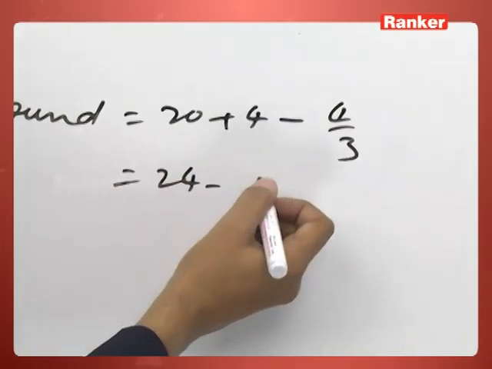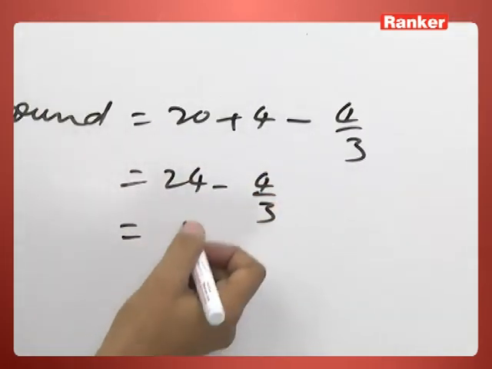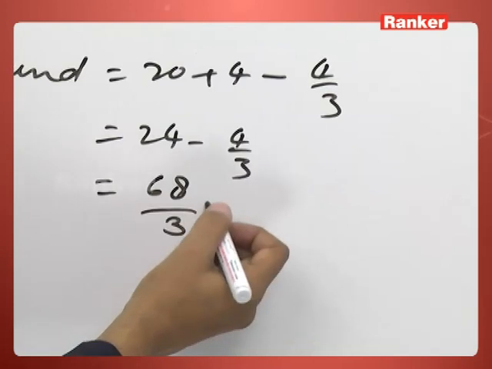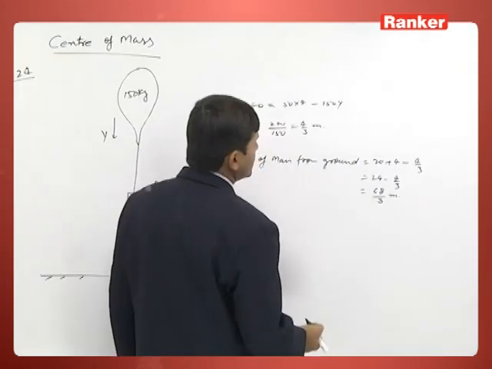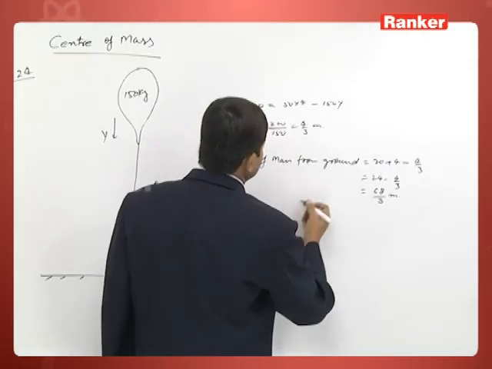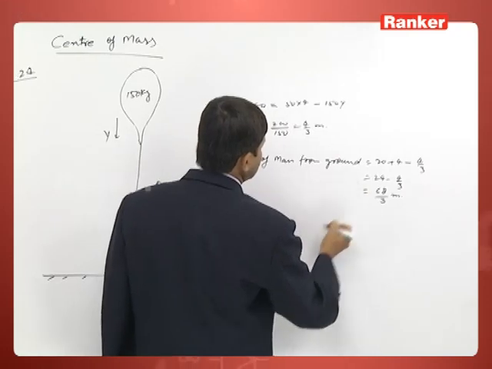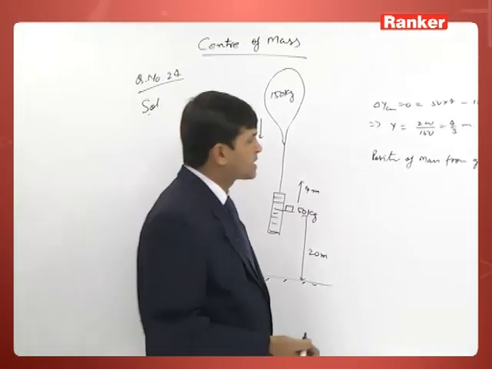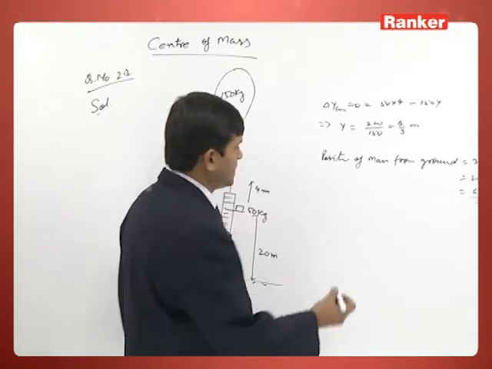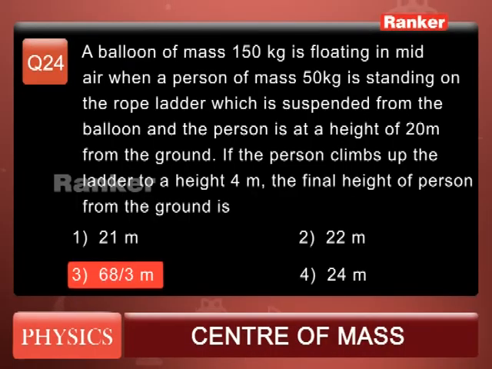So 24 minus 4 by 3 is 68 by 3 meter. So this is the answer here, answer number 3, which is given here, 68 by 3. So the correct answer is option number 3.